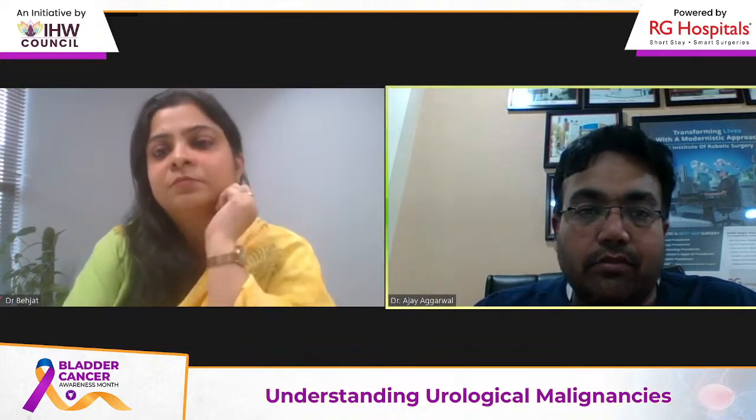So, Dr. Ajay, when we talk about malignancy, especially from the perspective of urology, what are the different types of malignancies there? Ma'am, there are various malignancies encompassed in urology. The first one, which is most common in urology, is prostate cancer.